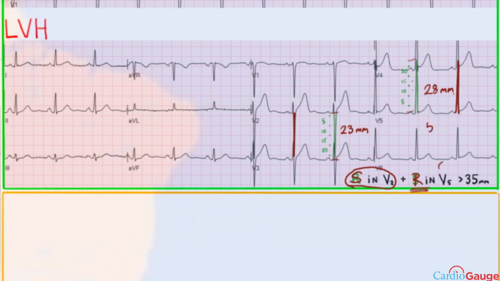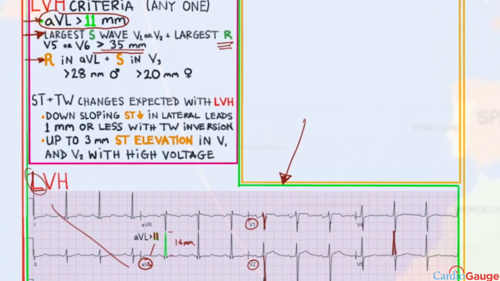Those two things added together are 51 millimeters, and that's clearly greater than 35 millimeters, so this is an LVH ECG.